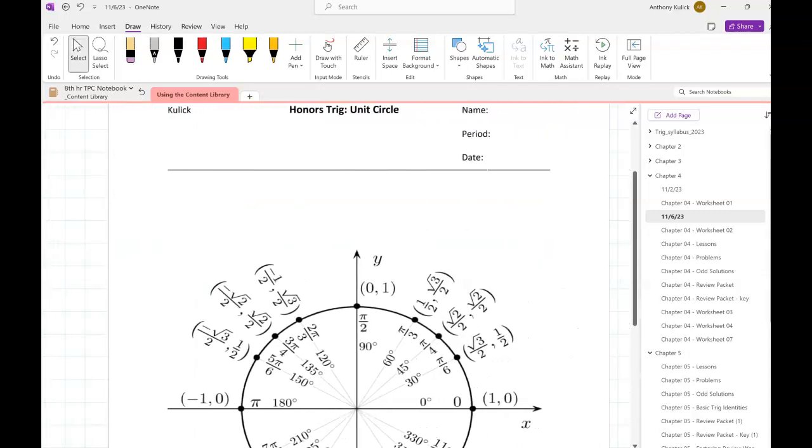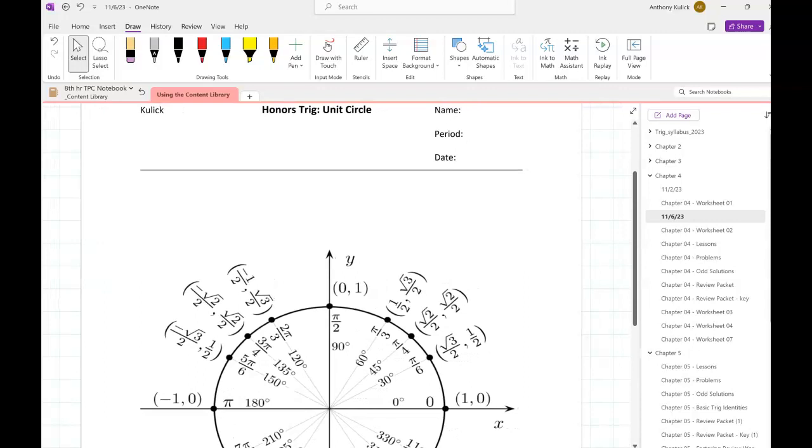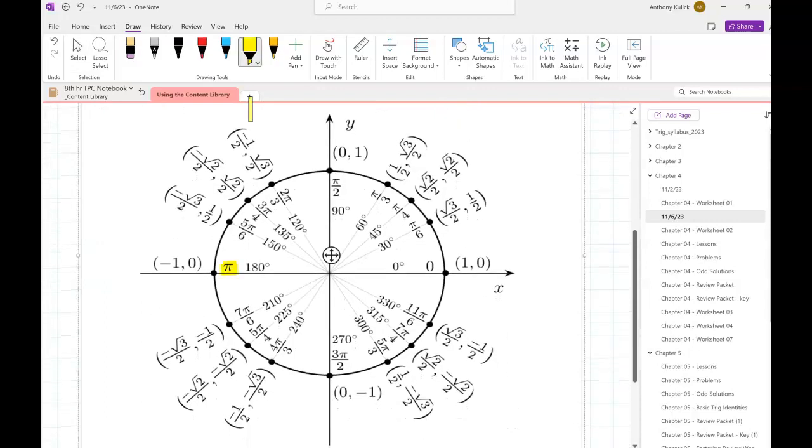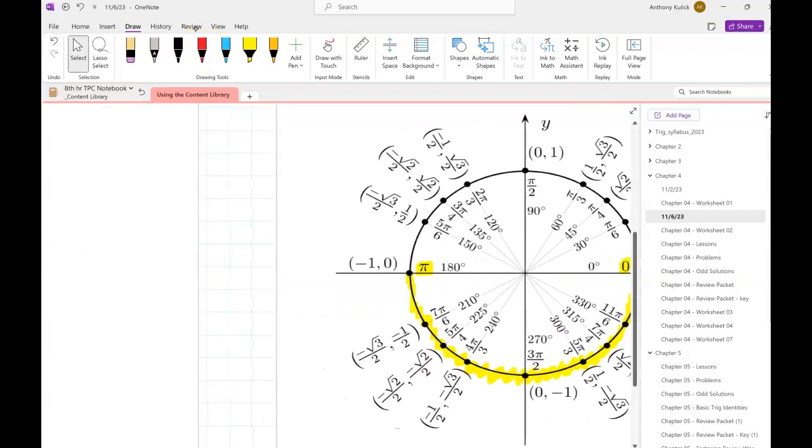So if I go to my unit circle, pi is right here. So if I go from pi, and because they're positive, we're going counterclockwise, to here, which is negative 2 pi, right? So we're covering quadrants 3 and 4.